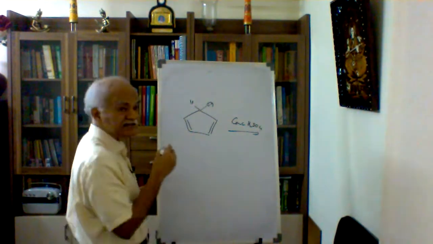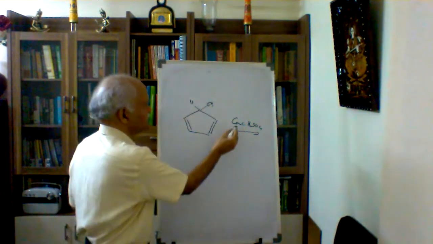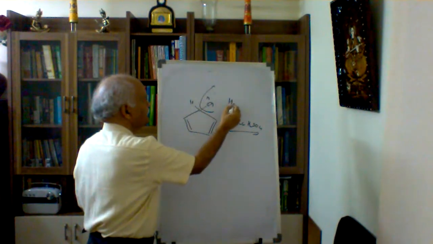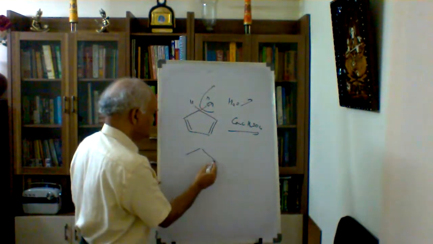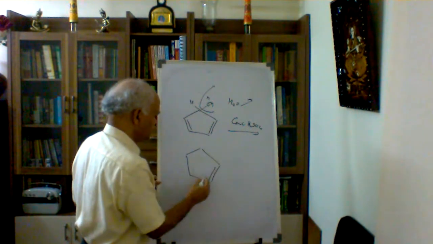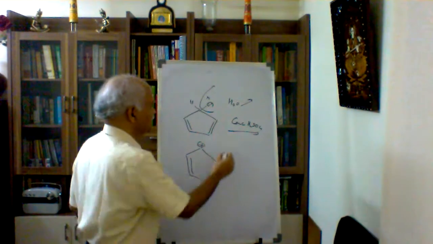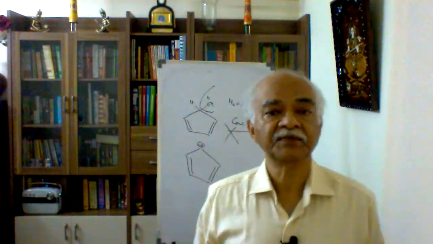In that case, what is the expectation normally if you don't consider other things here? The H will come and attack here, and this entire thing is lost as water. So what is the resulting species, please? The resulting species has a plus charge. But I want to tell you this reaction is not working. You can't dehydrate the molecule.